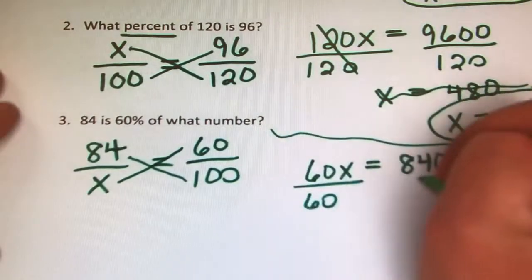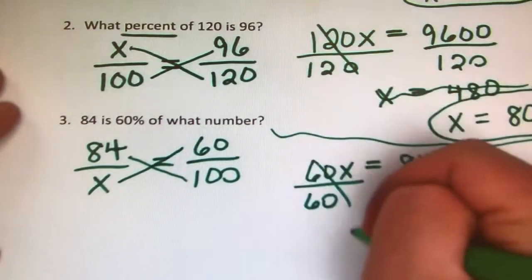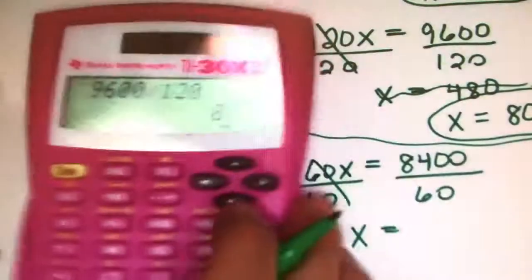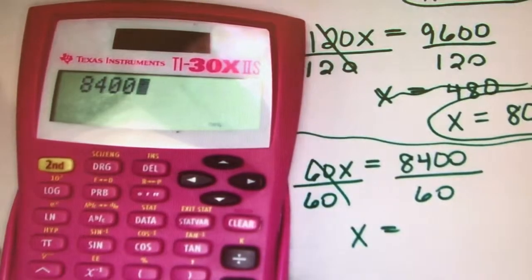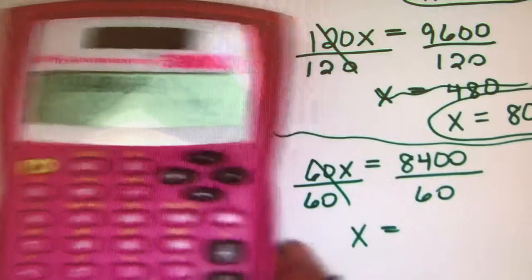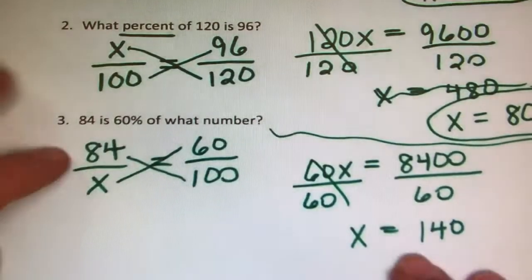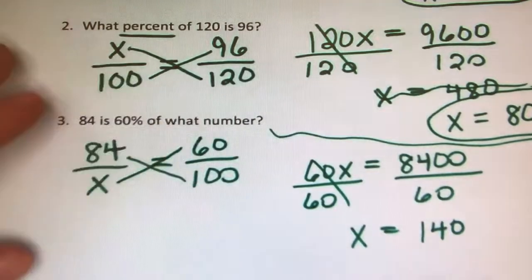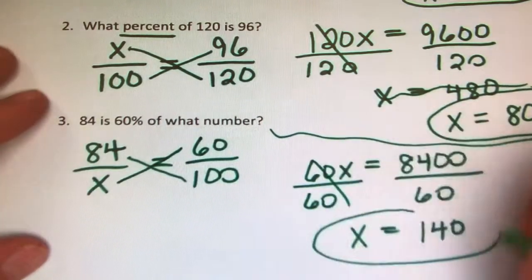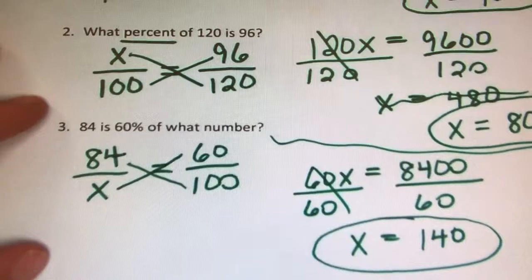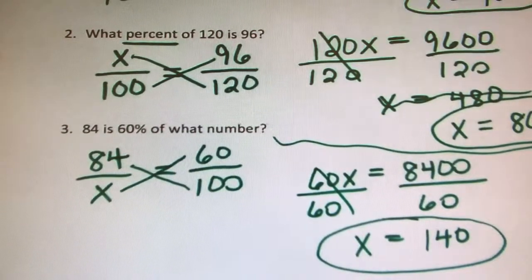Then divide both sides by 60. X equals, make sure I type it in right this time, 140. So we're saying 84 out of 140 is the same thing as if you had 60% of that amount. Okay, x equals 140, and that is how you solve percent problems.